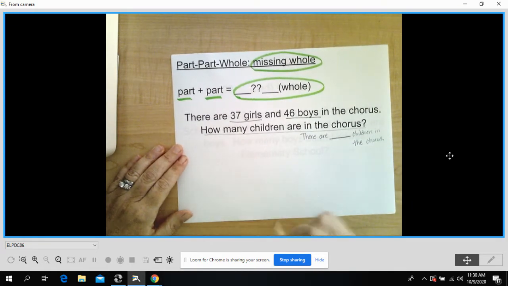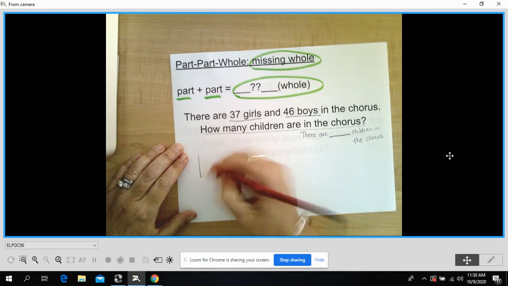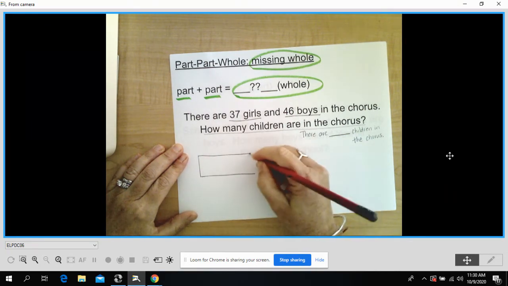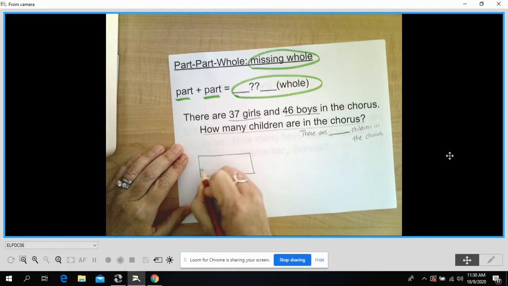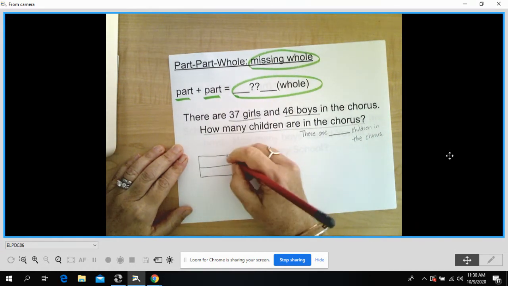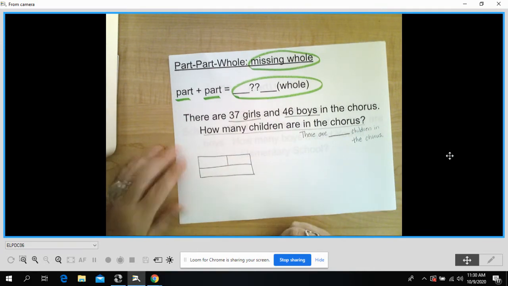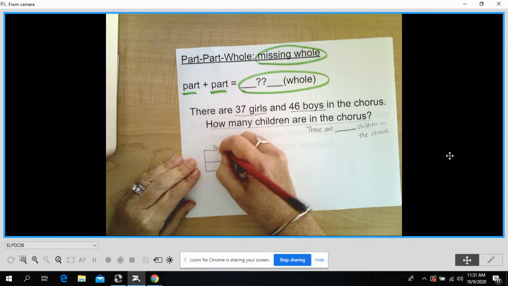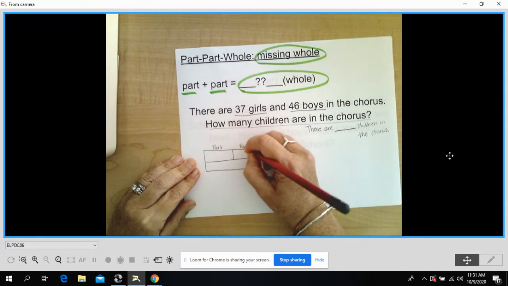So I'm going to do a different diagram this time for a part, part, whole. I'm just going to make a rectangle. Then I'm going to put a line down the middle like that. And then a line separating that part up there. So this is a part. This is a part.